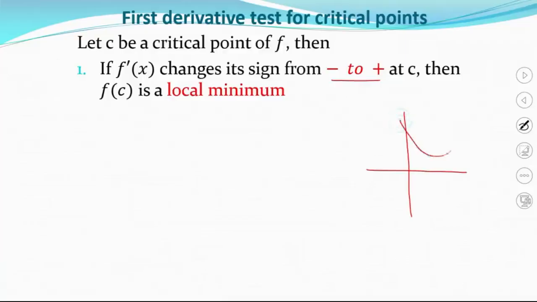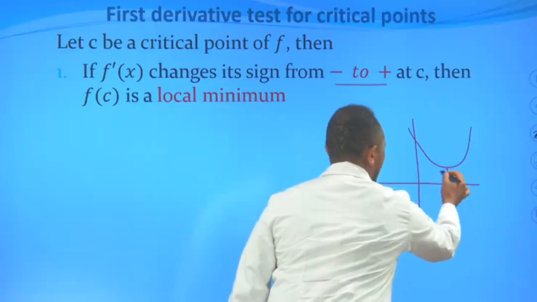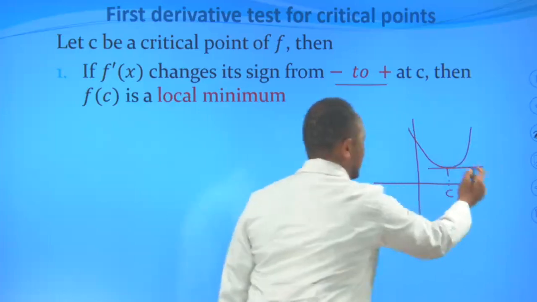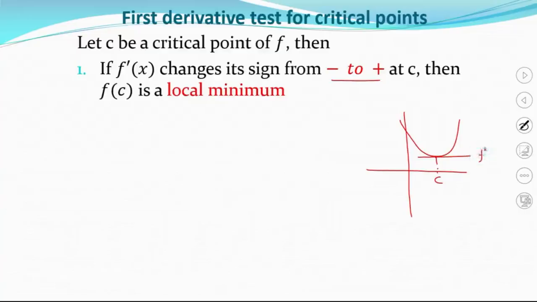Let's take this function. This point is a critical point because the slope of the tangent line at this point, the derivative at c, is 0. C is a critical point.